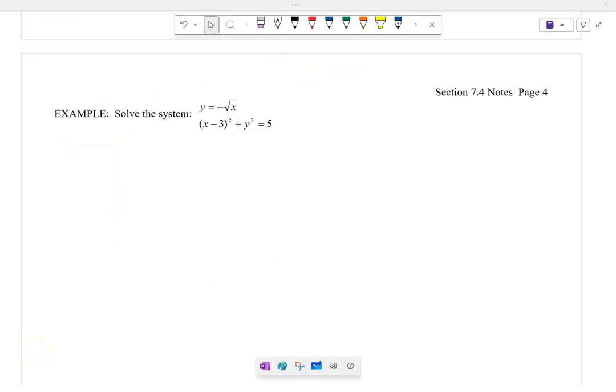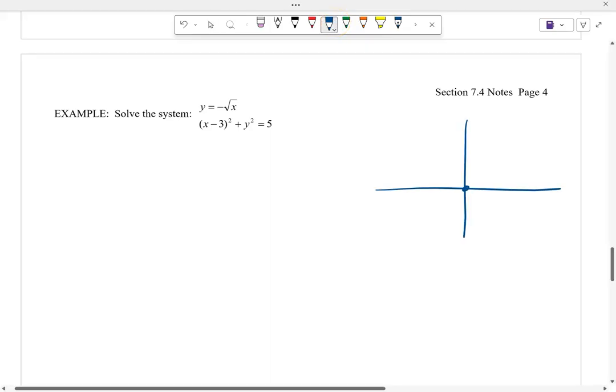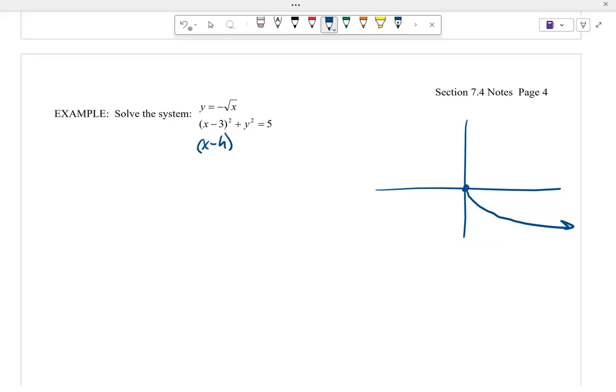All right, here we've got a square root function, right? Negative root x. So it looks like the square root of x, but it's flipped over, a reflection about the x-axis, so it'll be more like that, right? And then we've got a circle that's (x minus h) squared plus (y minus k) squared. Center of the circle is 3, 0, with r squared equals 5, radius of root 5.